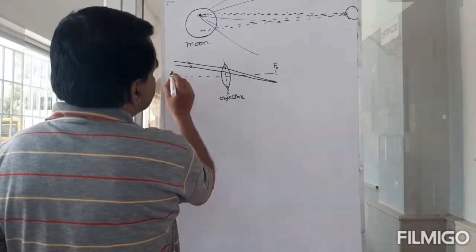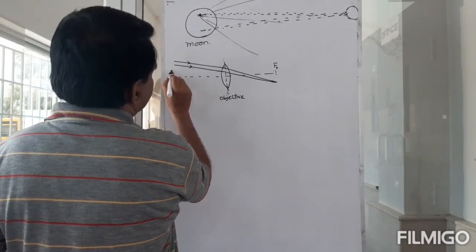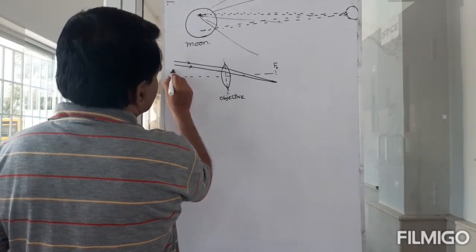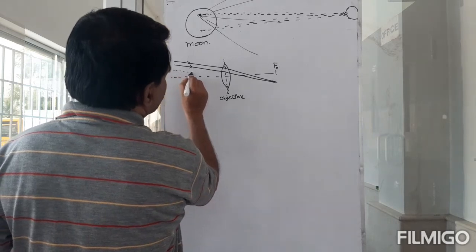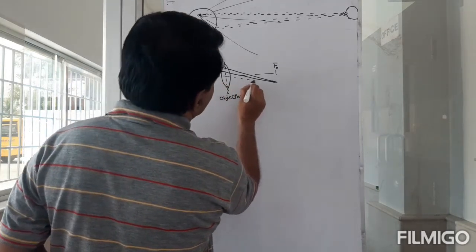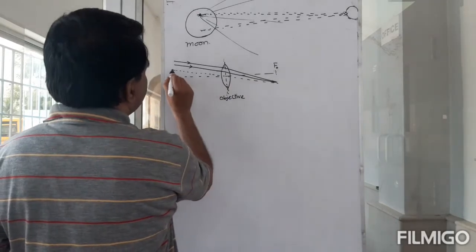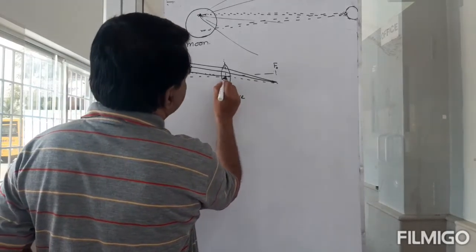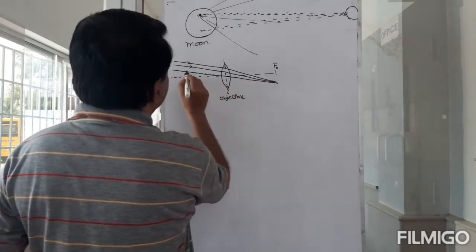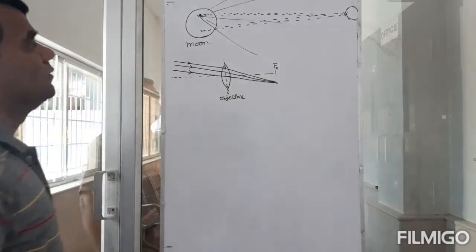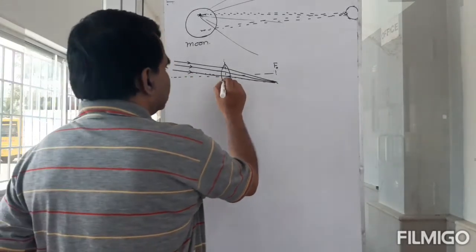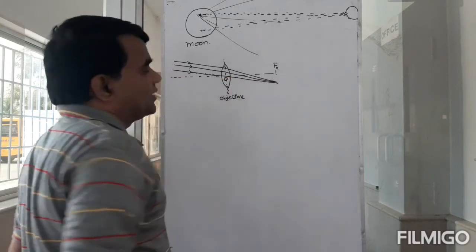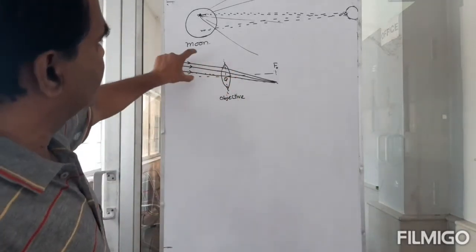And let me take this line too. The ray which is going through the optical center of this lens.